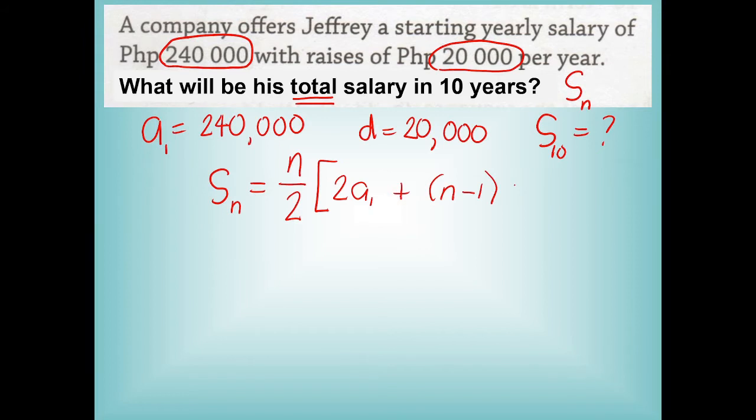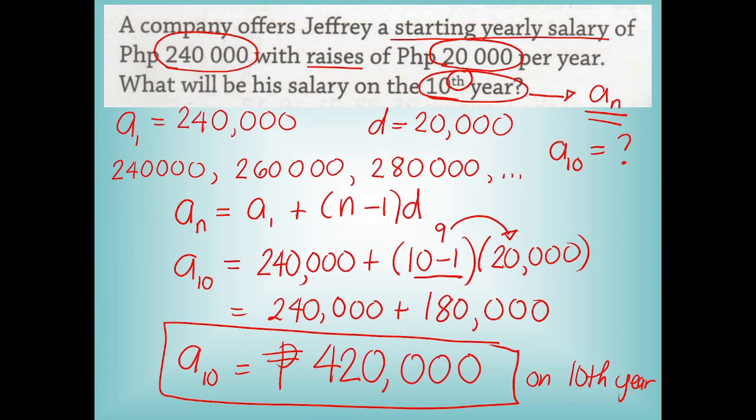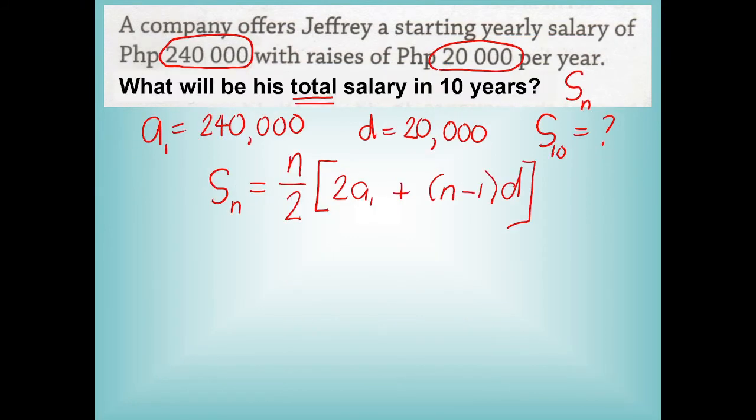Sir, we solved A sub n earlier. Can we use formula number 1? Yes, we can use formula 1 since we solved A sub n earlier. But what if we did not go through that question? We have this problem right away. We will be using formula number 2 since A sub n is not given.